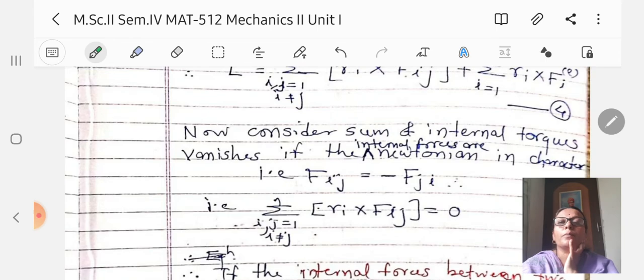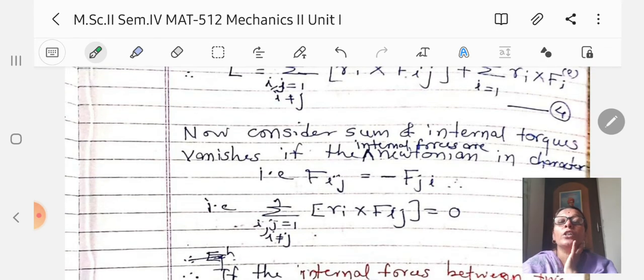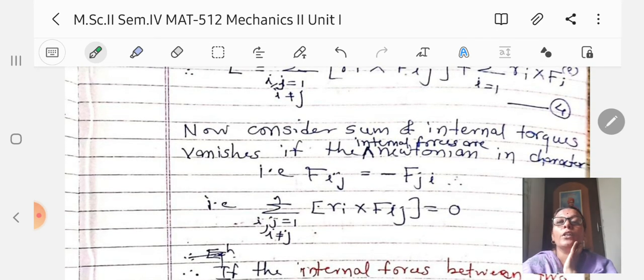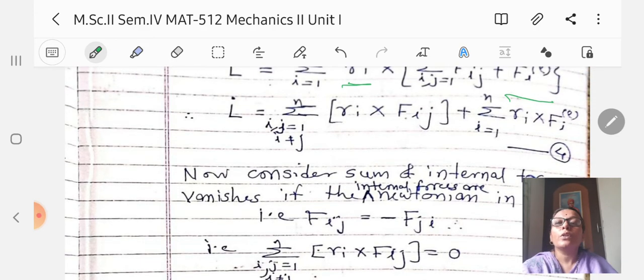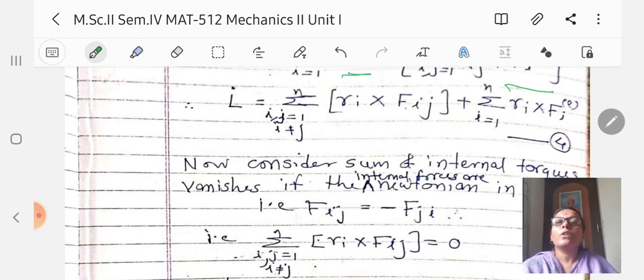Now consider that the sum of the internal cross products vanishes if the internal forces are Newtonian in character. Therefore we can write F ij equal to minus F ji, by using Newton's third law, and from this the first term of this equation becomes 0.